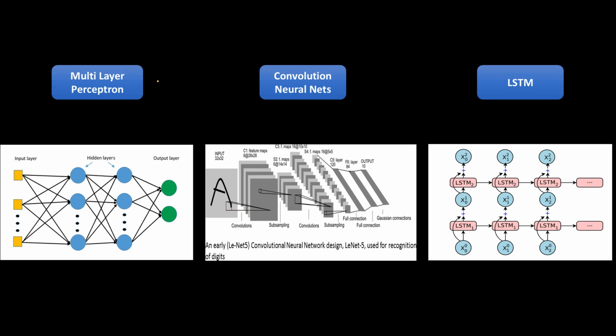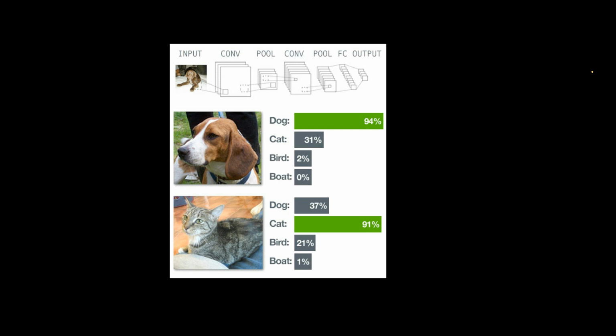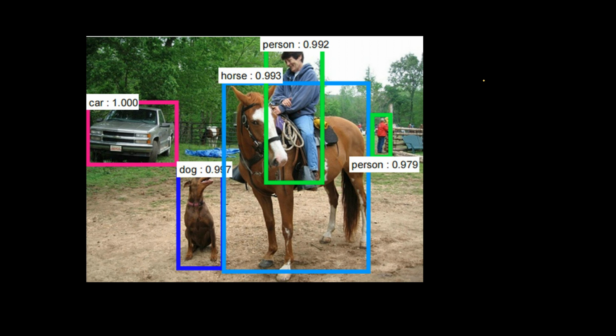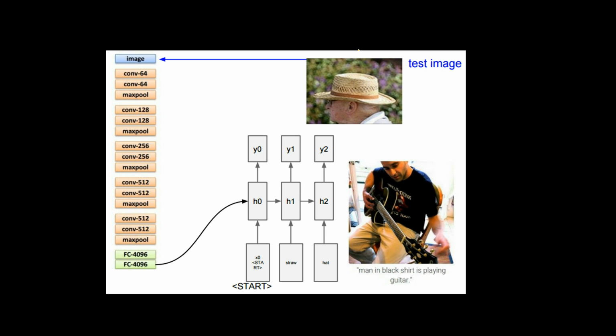It supports MLPs, like adding dense layers, convolution layers, LSTM and recurrent layers, and problems like classification, and problems like this one where you have to recognize as well as localize. All these models can be implemented in Keras. Or a complex model where we have a CNN and an LSTM: we get image features through the CNN, and then we get a caption through the LSTM.